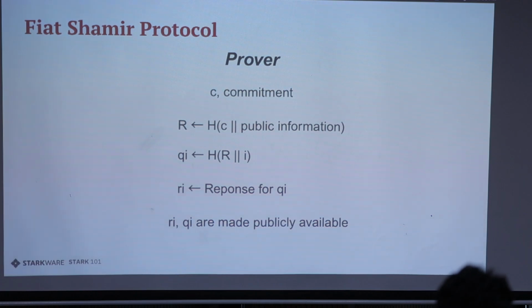But because effectively the hash function is random, you can assume the prover doesn't know what query i is going to be. Who sets the commitment? The commitment is the roots of the Merkle trees, remember? The commitment was sent by the prover beforehand, and in this non-interactive protocol, it's made publicly available to everybody.